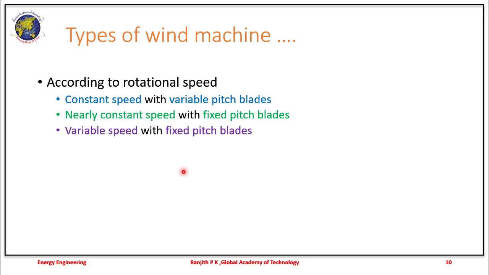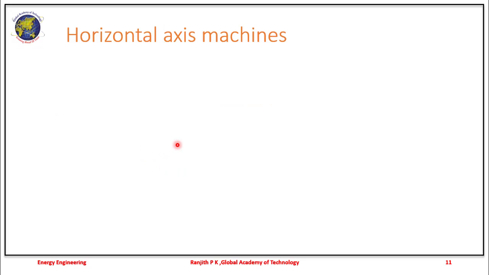Then, according to the rotational speed, it could be either a constant speed with pitch blades being varied, or nearly constant, or it could vary the speed. So, there are three permutations possible. However, the third category is predominantly found to be used.